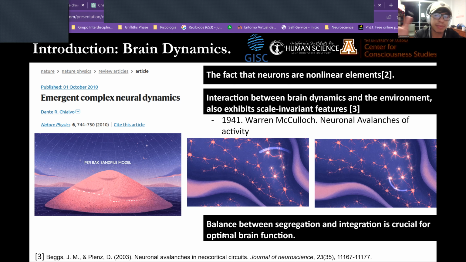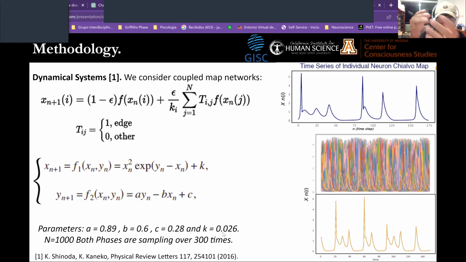Another idea that we should maintain in our brain is the balance between the segregation of ideas and the integration of memories. This is crucial for how our brain maintains optimal function. Okay, so we keep this in mind.